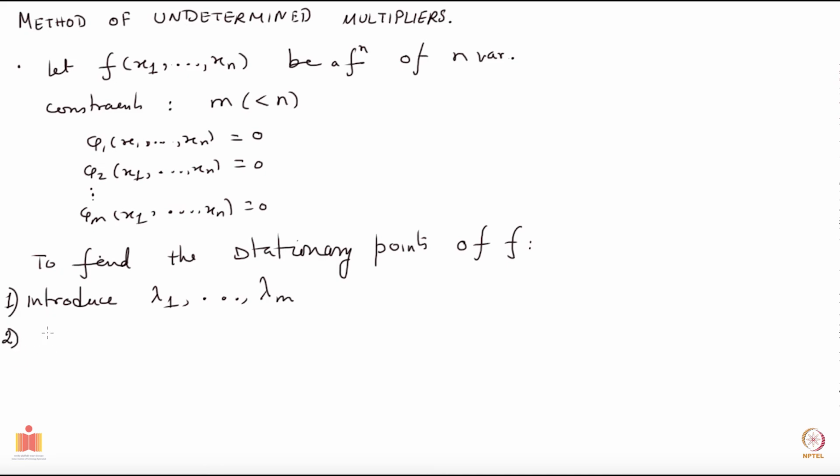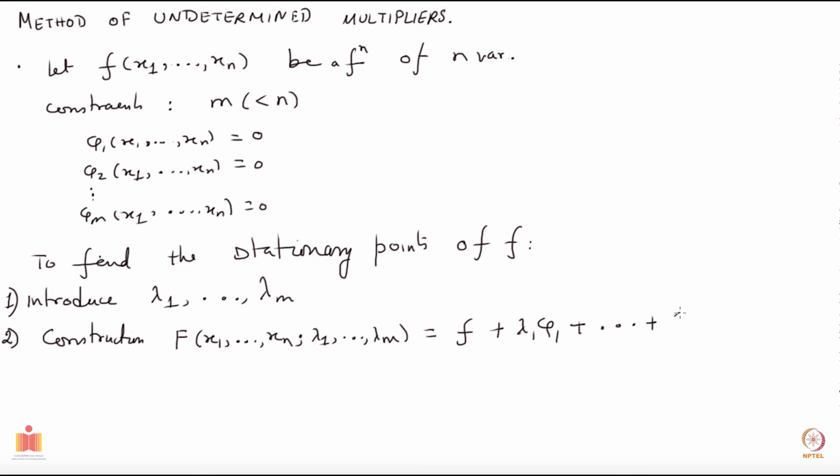Then you construct a new function, capital F, which is a function of all your original variables and also of all these multipliers. The definition of the function is the following: F is your original function f plus lambda 1 phi 1 plus lambda 2 phi 2, and so forth, up to lambda m phi m. So that's a new function that we have constructed.